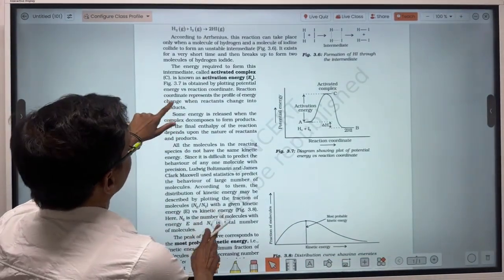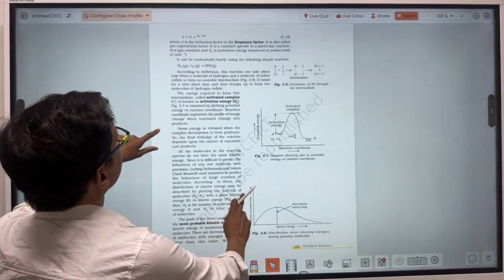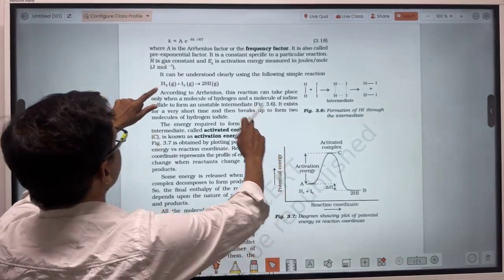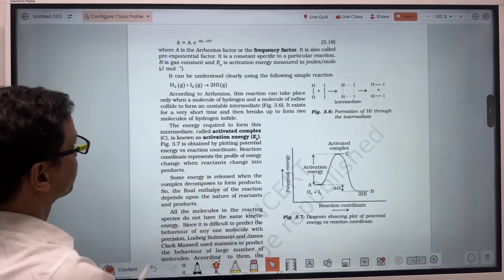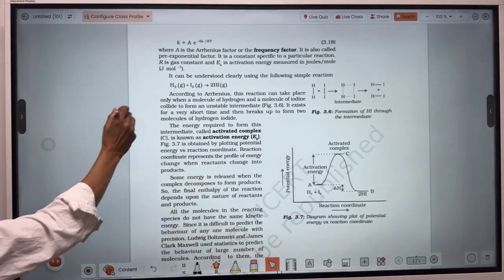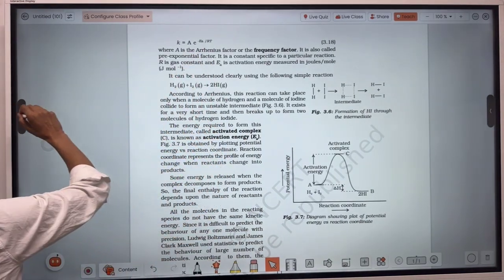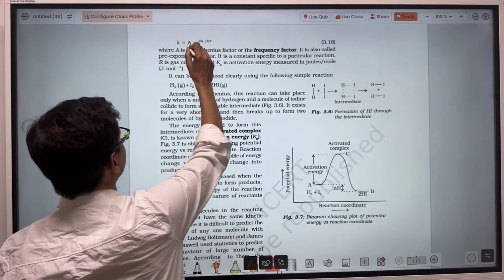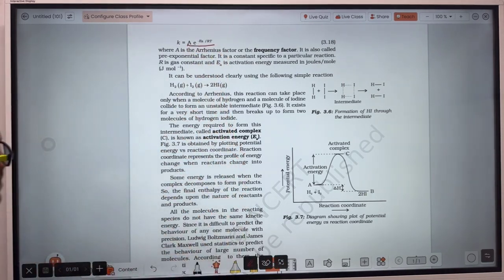The Arrhenius equation states that for a chemical reaction, the temperature dependence is given by the rate constant K equal to A e to the power minus Ea upon RT.